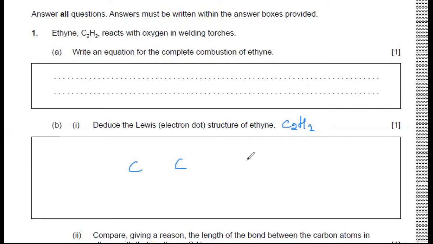The 2s2, 2p2 together have 4 valence electrons. So I'm putting them around this carbon. Same thing happens for the next carbon as well. So 1, 2, 3, 4.